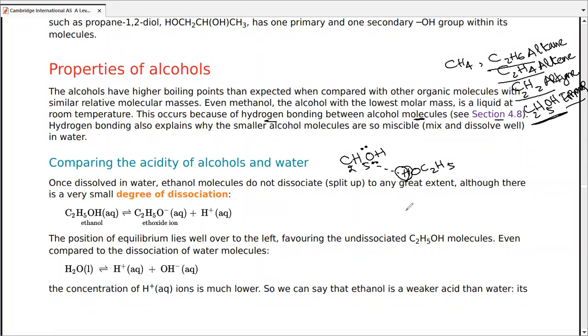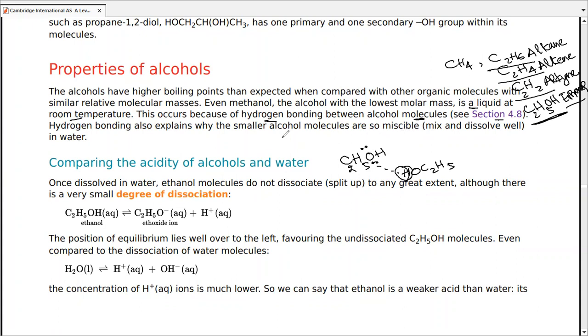Because of this hydrogen bonding, there are stronger forces of attraction between molecules, which results in them being liquid at room temperature. Even methanol is a liquid, and methanol has only one carbon atom in its chain. Actually, it's not a chain, it's a single atom.